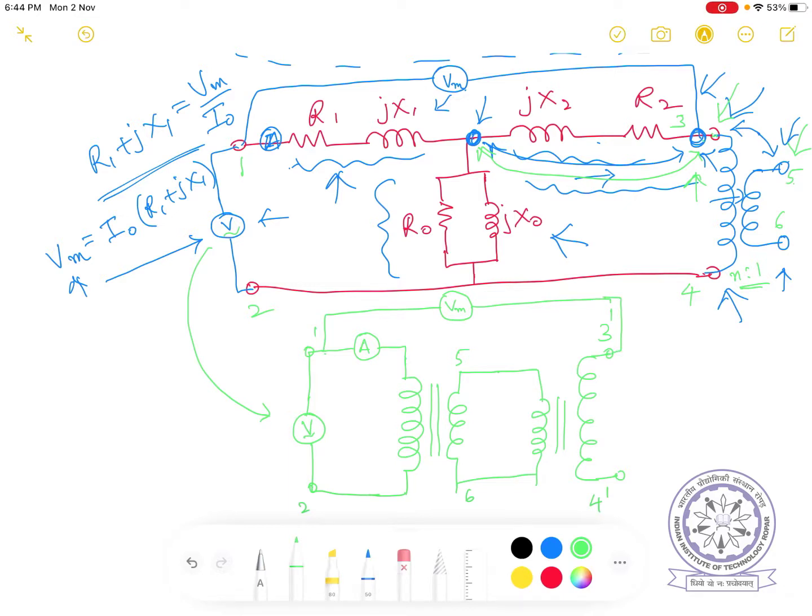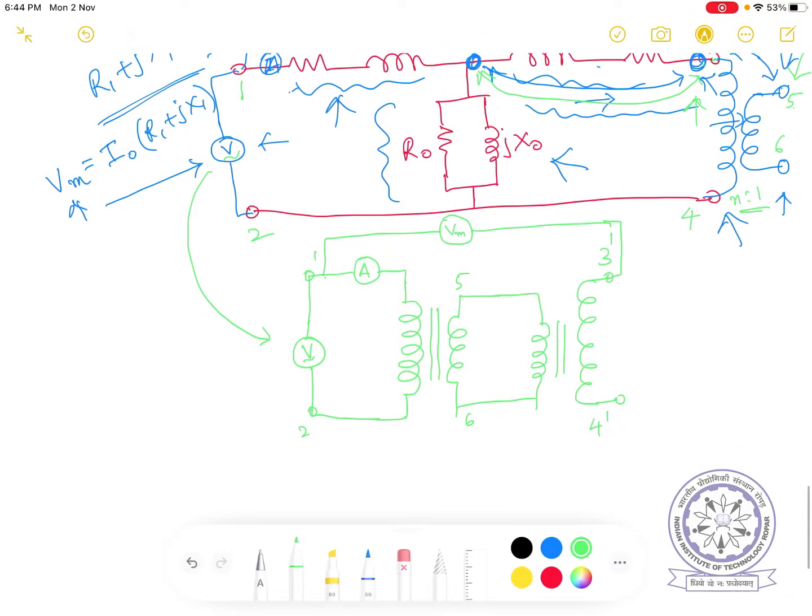And then the primary of this should be connected to this in order to have the same level at this 4 dash, because 2 and 4 are at the same potential. So 2 and 4 dash are connected here in this circuit. Therefore in this circuit also we have to connect them. This is an n:1 transformer.